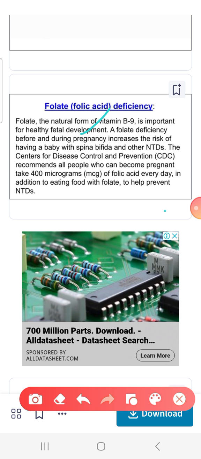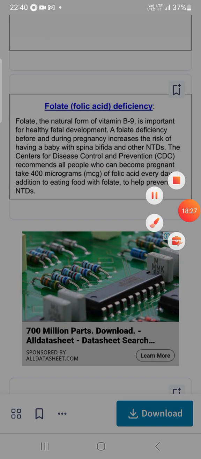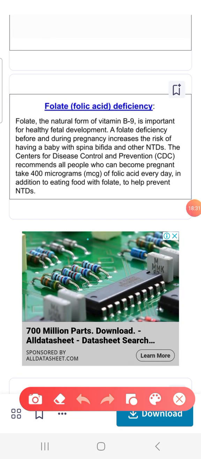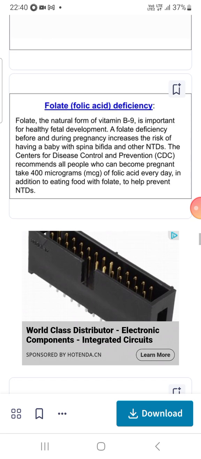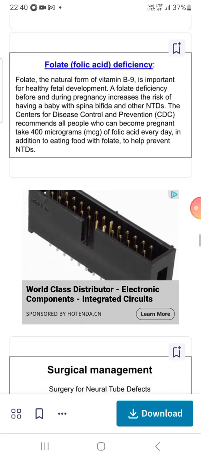And the Centers for Disease Control and Prevention, CDC, recommends that all people who can become pregnant take 400 micrograms of folic acid every day. Every day this much of the drug is suggested, and it helps to control NTDs, neural tube defects.